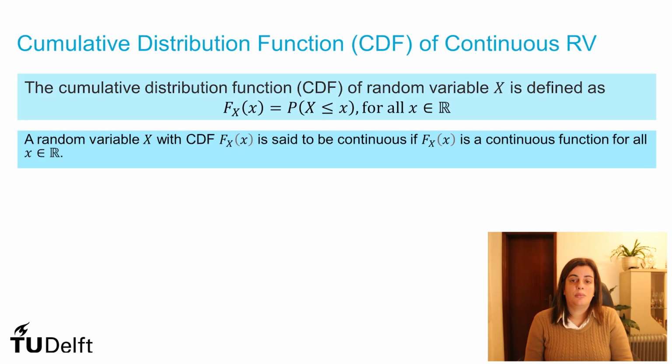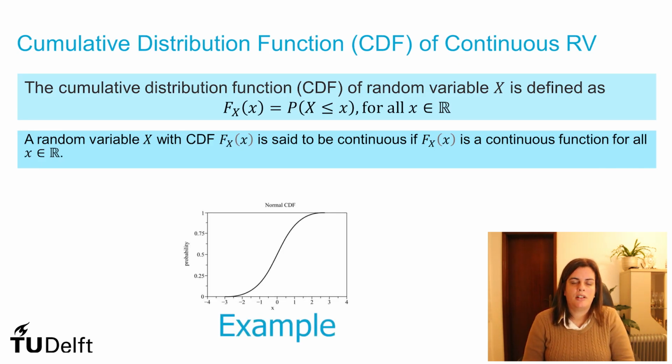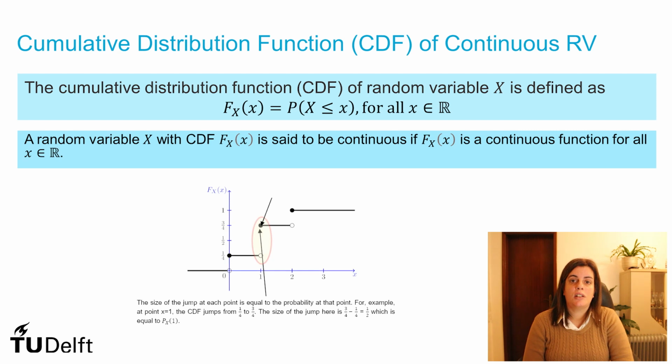The cumulative distribution function of a continuous random variable is a continuous function. Remember that the jumps in the cumulative distribution function of discrete random variables corresponded to points where the probability was different than 0.